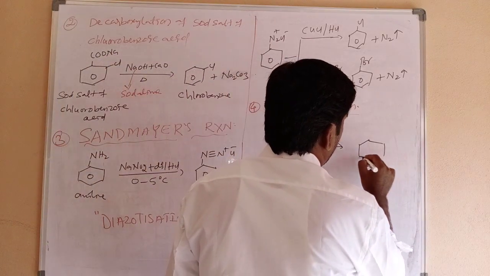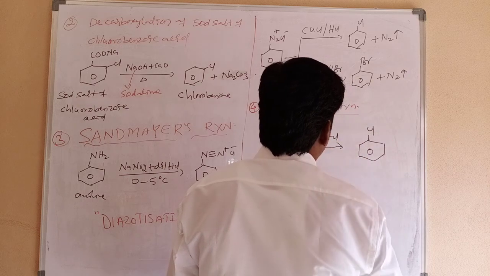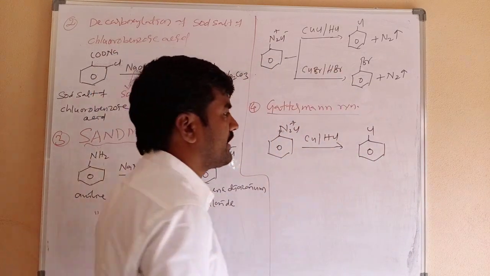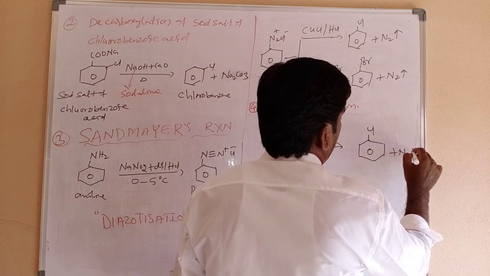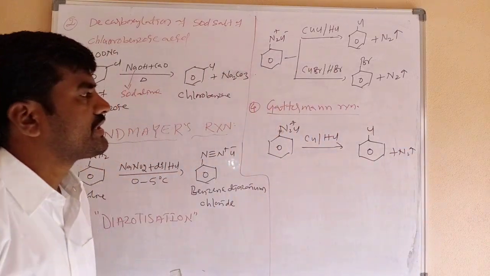Chlorobenzene will form like this, plus N2 gas is liberated. This is called the Gattermann reaction.